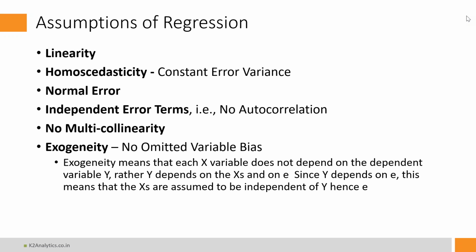What it means is, let me first read the definition and then try to explain it using an example. Exogeneity means that each x variable does not depend on the dependent variable y.